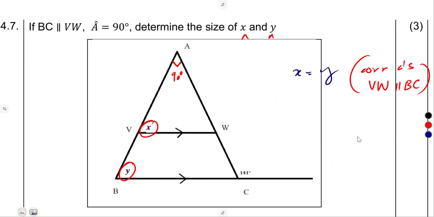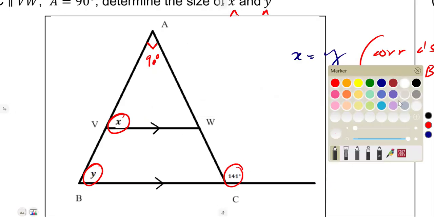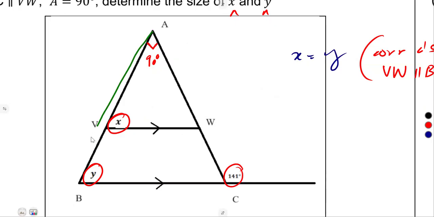All right. Let's see. There is an angle of 141 degrees here as an exterior angle of the bigger triangle ABC. So that's the 141 degrees is equal to what?